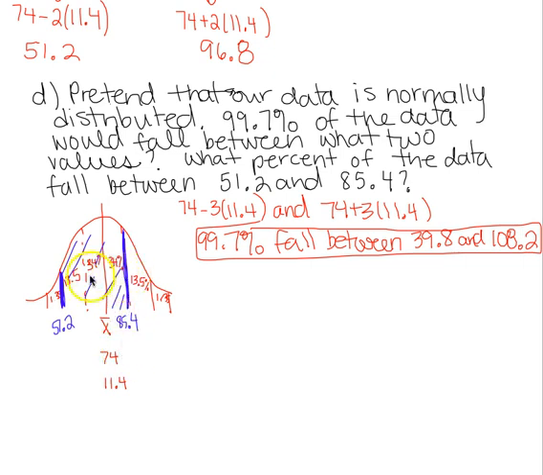So we'd have the 68% from one standard deviation, and then we'd also have that 13.5% approximately from the additional standard deviation that's only on the left side. So when I add those two together, that gives me a total of 81.5% is how much or what percent of the data we would expect to fall in this blue area.